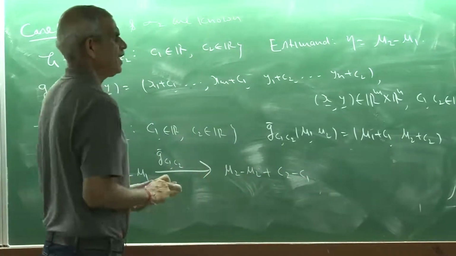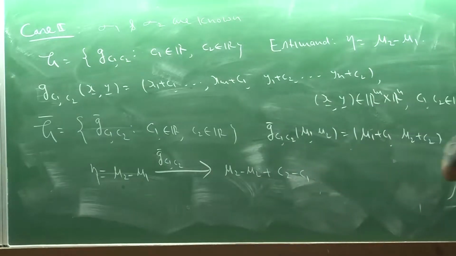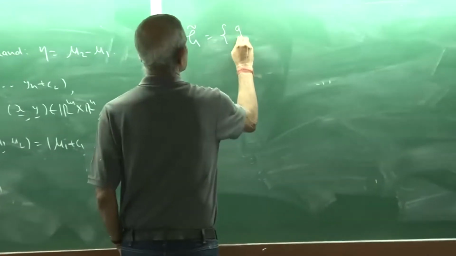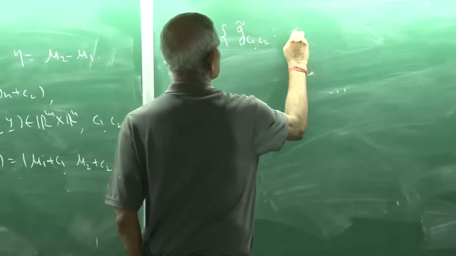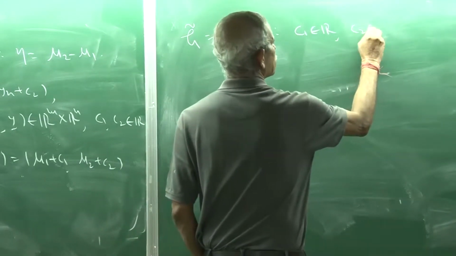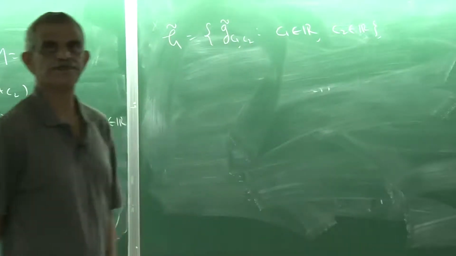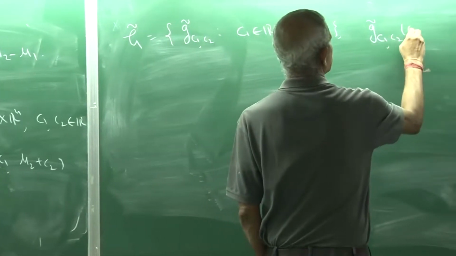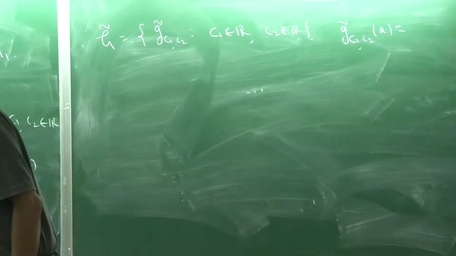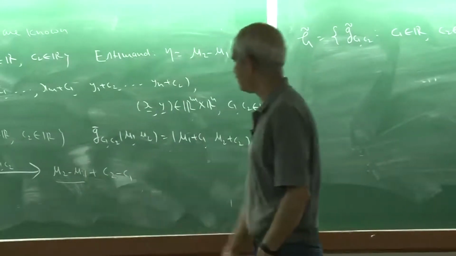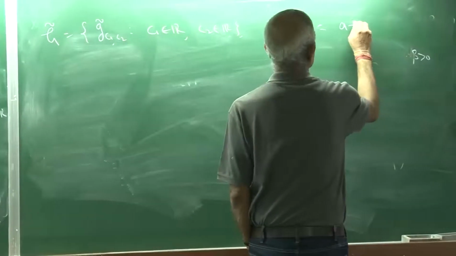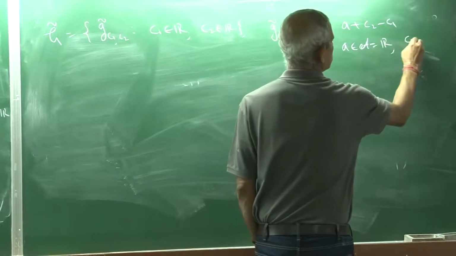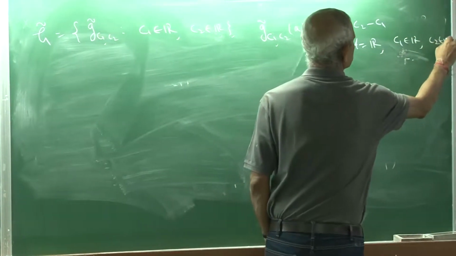So this suggests that my group of transformations on the Xn space, G tilde c1, c2 of a, is nothing but, sorry, this will be mu2 minus mu1. This is the original estimand, so a plus c2 minus c1. a belongs to Xn space, which is the whole real line. c1 is in R. c2 is in R.